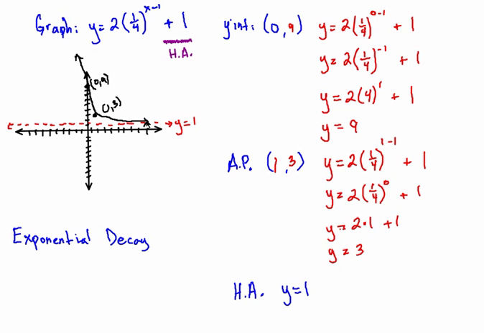And also, if you look at the function, your base here is less than 1. X is positive, so if the base is less than 1, then the function is going to have to be decay. And there we go.